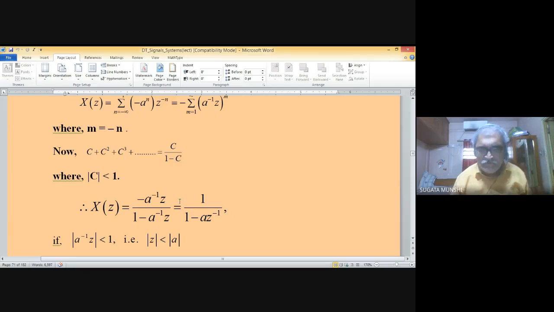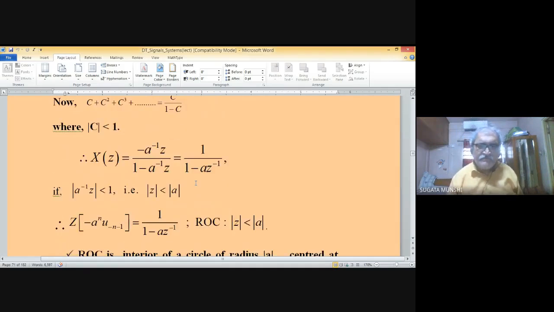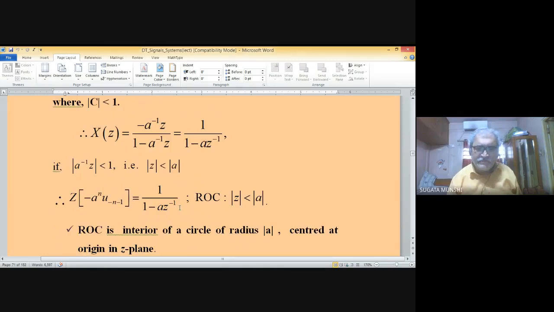So in these two examples, you are finding something very interesting. What is that interesting fact? In this case, the ROC is interior of a circle of radius equal to magnitude of a centered at origin in the Z plane. The interesting fact is that the earlier infinite duration causal sequence a to the power n u[n] and this anticausal sequence have the same expression for Z transform.